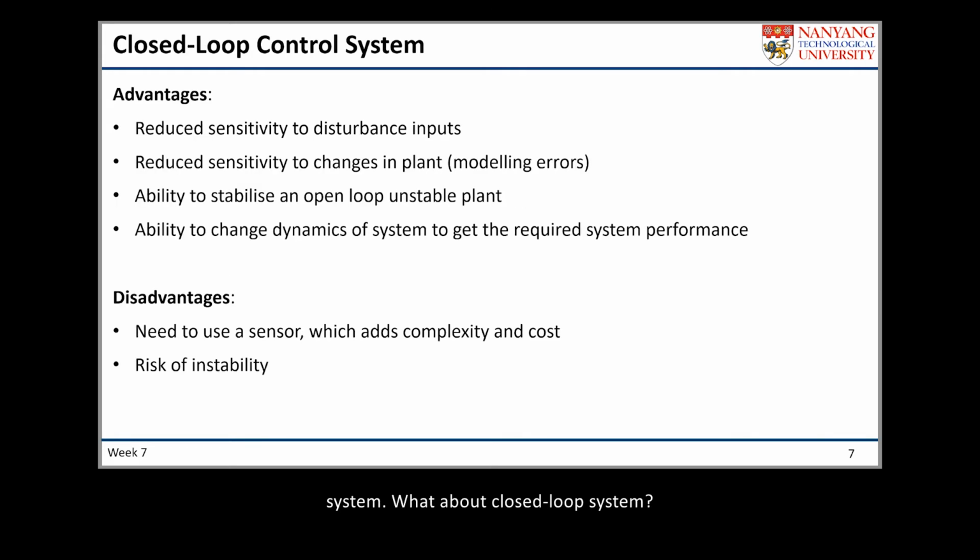What about a closed loop system? Of course, we have some advantages and disadvantages here. The first advantage: when you have a system in a closed loop form, you reduce the sensitivity to disturbance inputs. What do I mean by that? Again, let's take the example of this heat pump. If you put your heat pump in a closed loop system, then you have a real air conditioning system.